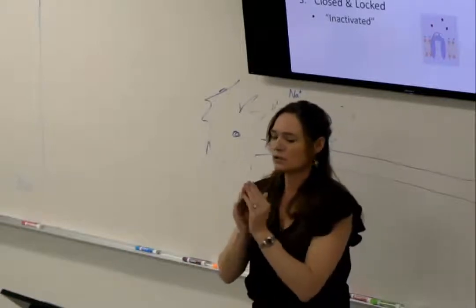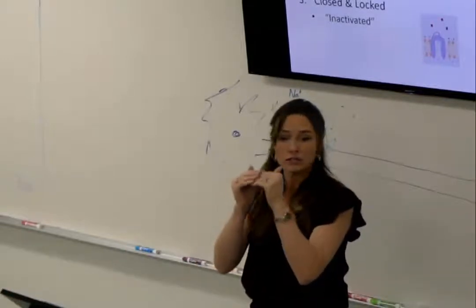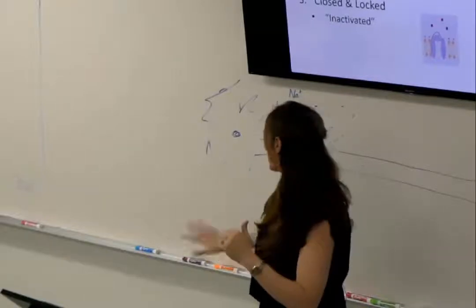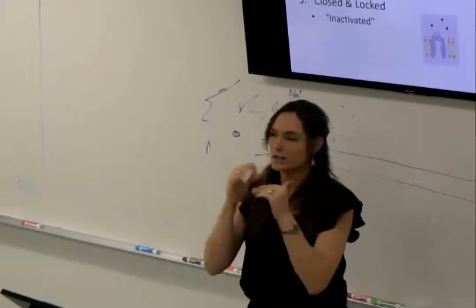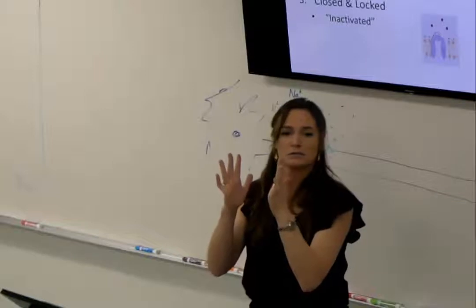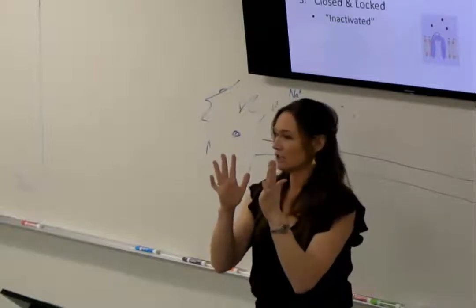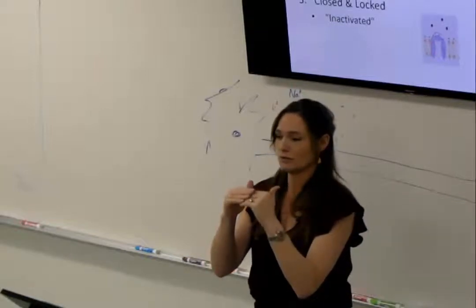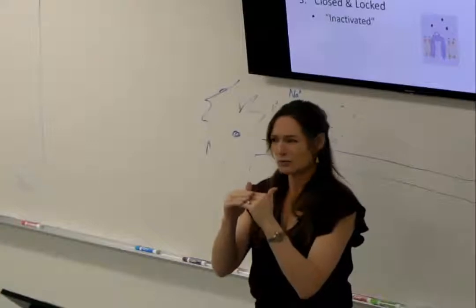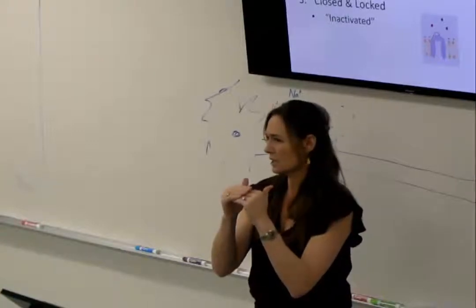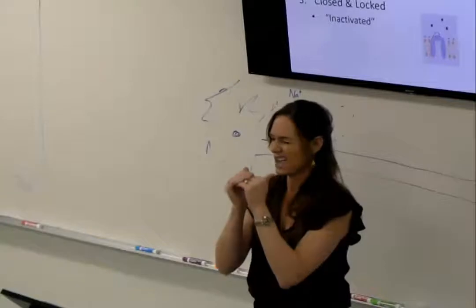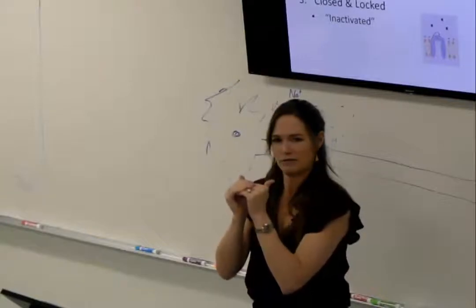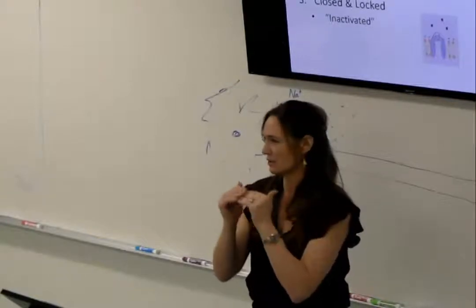But it really goes from I'm closed, I'm ready to roll, just give me the signal. That would be at resting membrane potential. You get some signal, it opens. And then when it finally reaches another signal, it closes. But then it takes a while for it to reset. So there's a few moments that it's not going to open again until it's back. So that's the three phases.